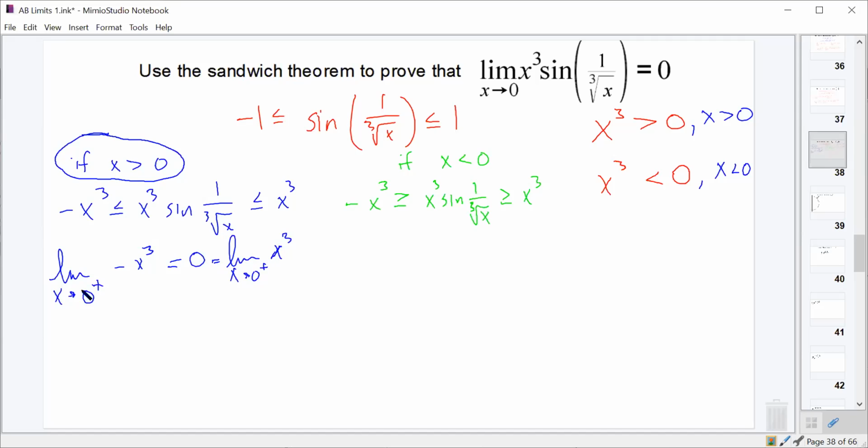And if the limits from the right of both the lower and upper functions are both 0, then by the squeeze theorem, the limit as x approaches 0 from the right of x cubed sine of 1 over cube root of x is also equal to 0. Everybody okay with that?